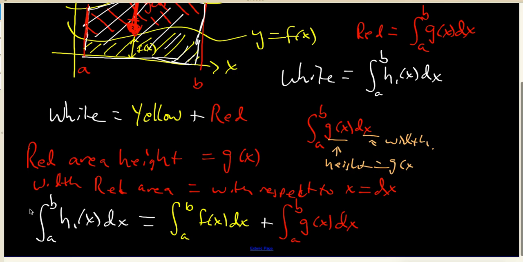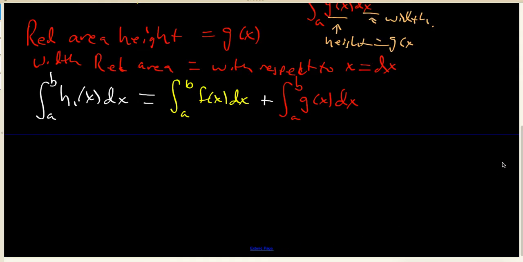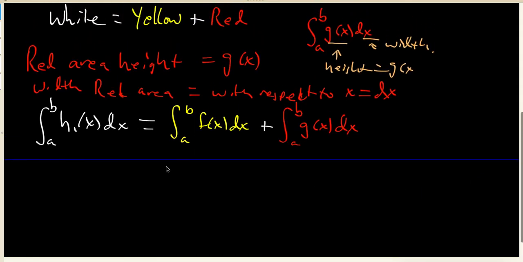And I also want to remember, as the very last thing in building a formula, that h1 of x was just another name for f of x plus g of x.